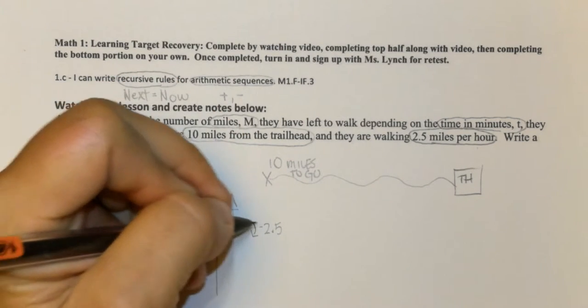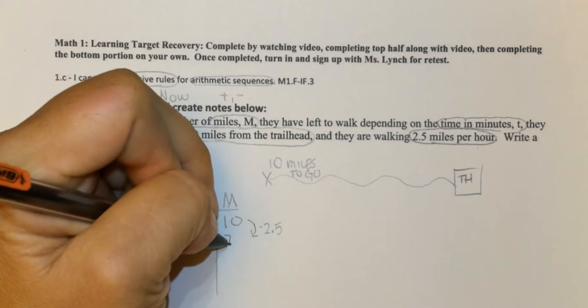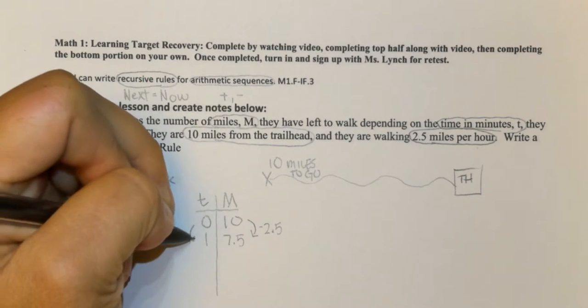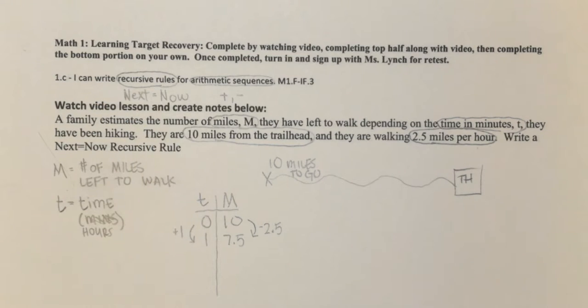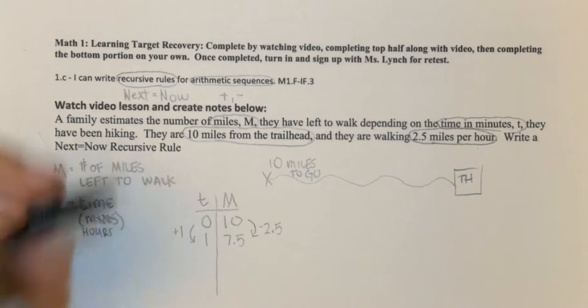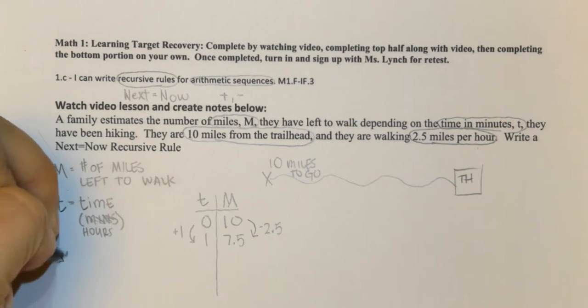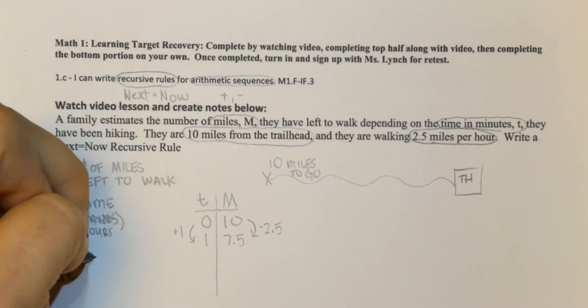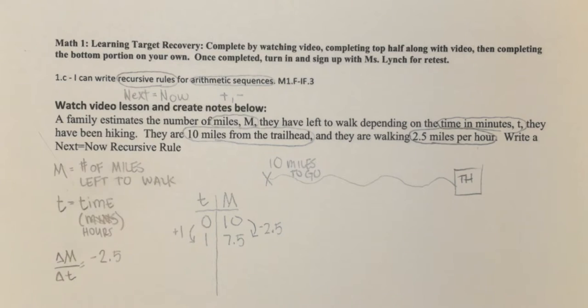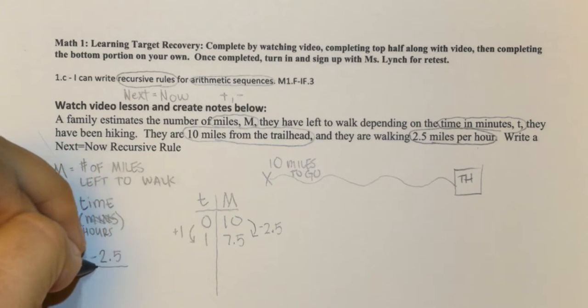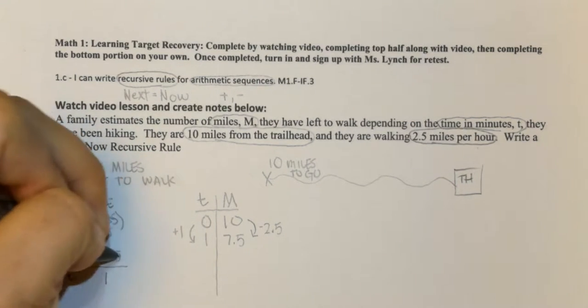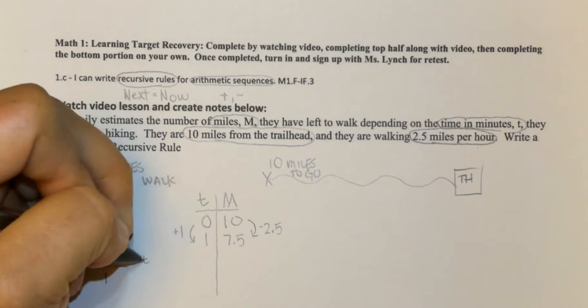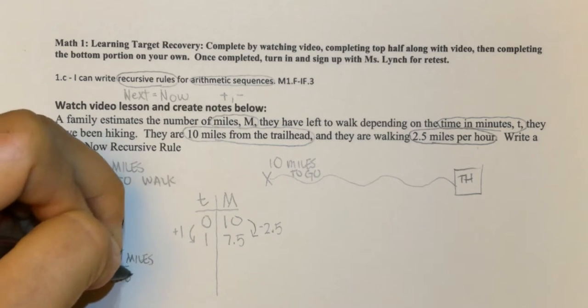So you got 7.5 miles left to go. So in that 1 hour, okay? So you got your rate of change going on there. That change of your miles over your change in time equals negative 2.5 for every 1 hour.